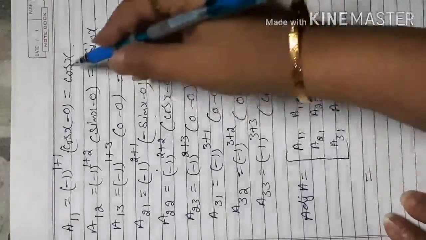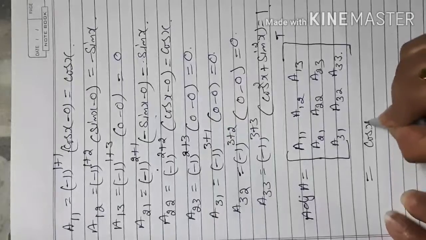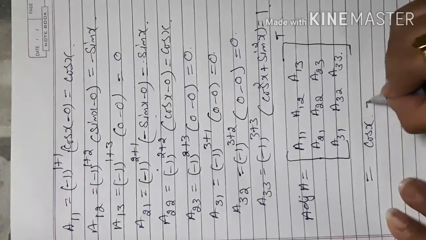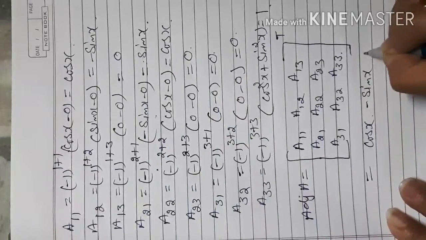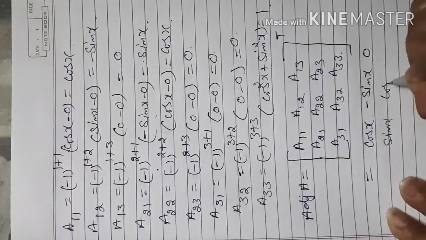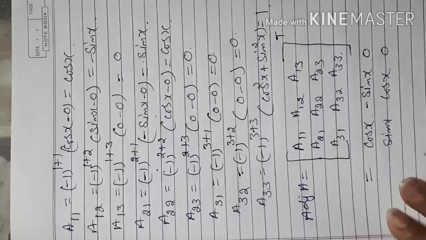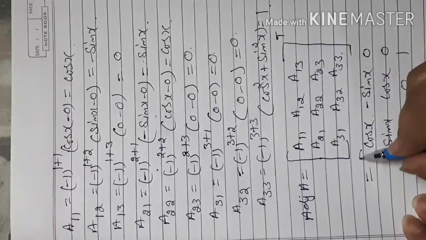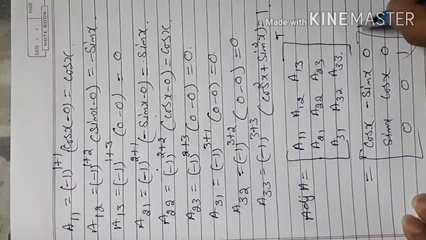So here, now I replace the position elements with the cofactors: cos x, minus sin x, 0, then sin x, cos x, 0, then 0, 0, 1. So transpose.